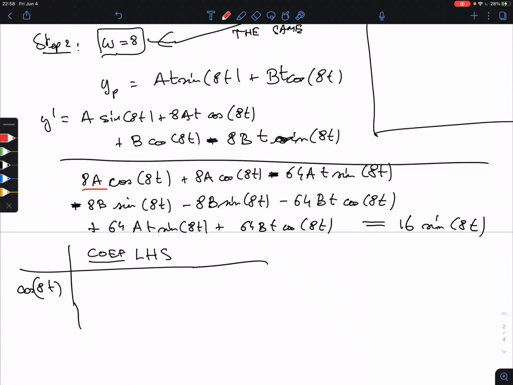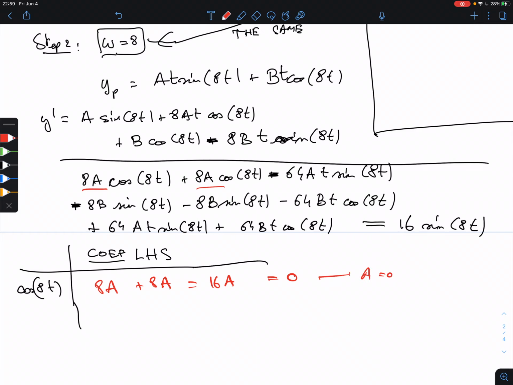That is 8a. There's another one here, plus 8a. That's a t sine, that's a t cosine, that's not the same. There's a t sine and there's a t cosine. So these are the only two. So I get 16a. And there's nothing on the other side, so this actually has to be 0. So this tells already that a is 0.